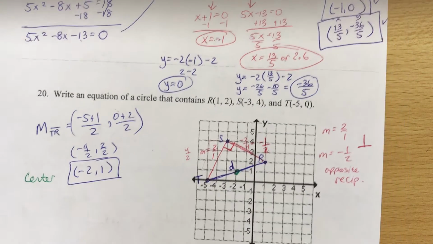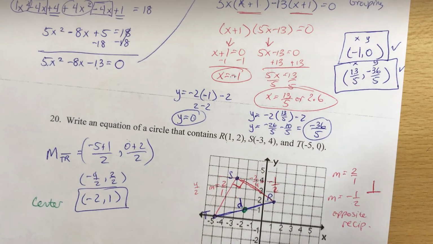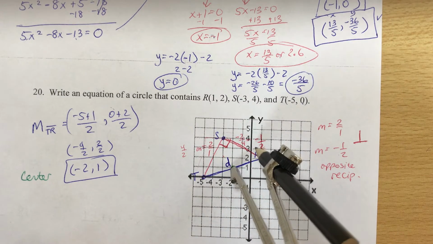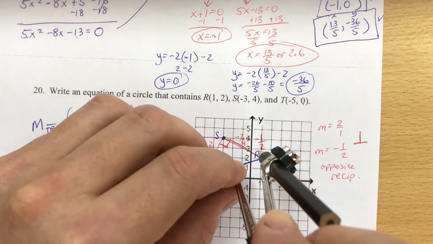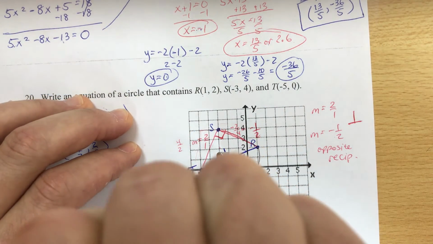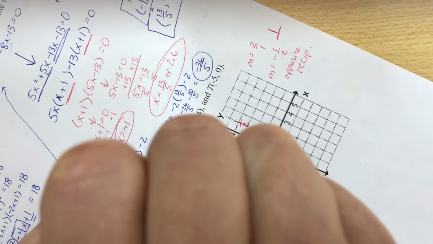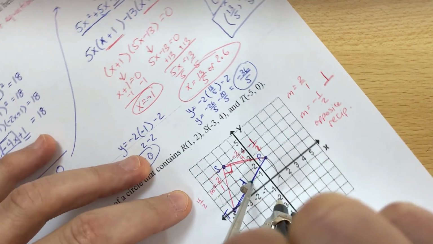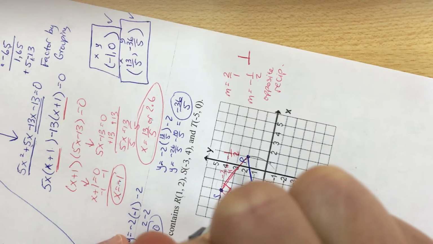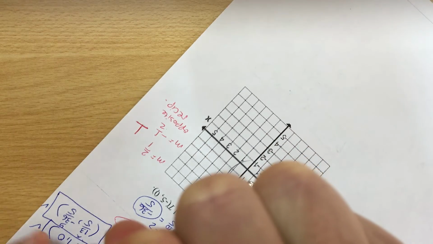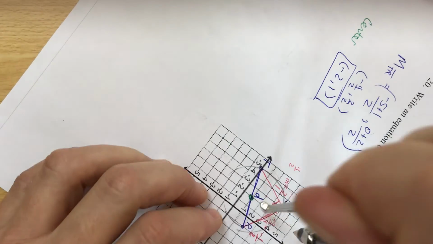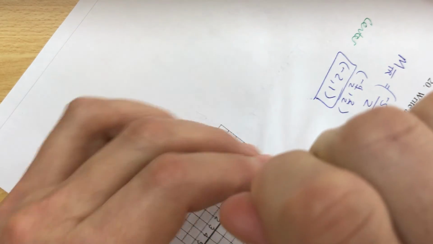Now what's kind of cool here is we could actually draw this now. If I take the center, and okay, I'm going to try to do this. This is not going to be great. Come around. Oh boy, not perfect.